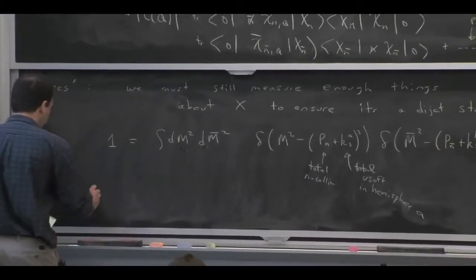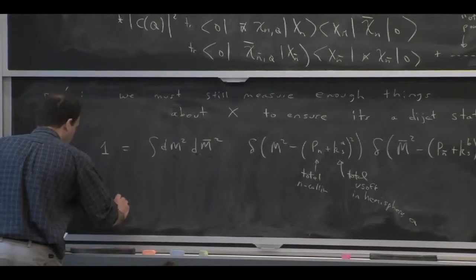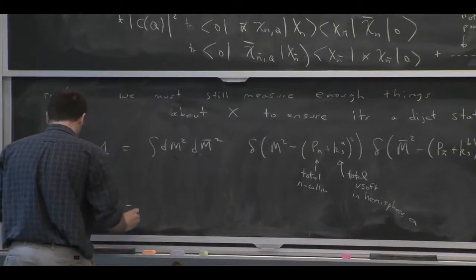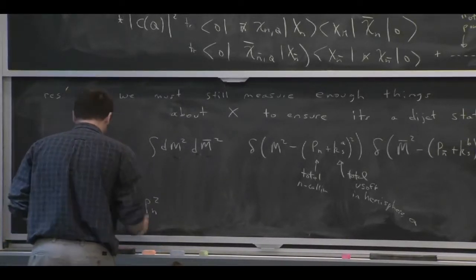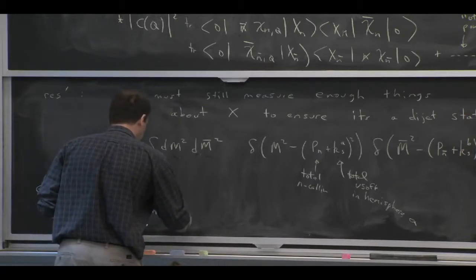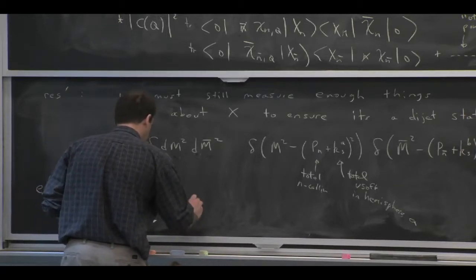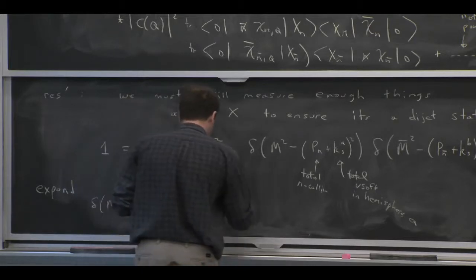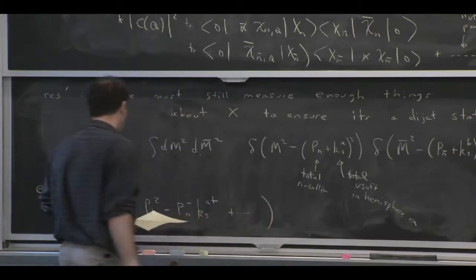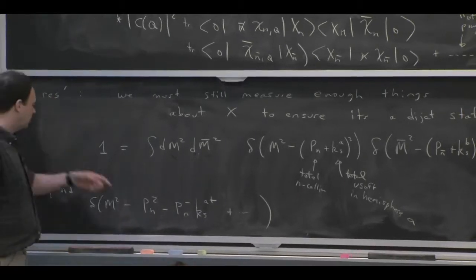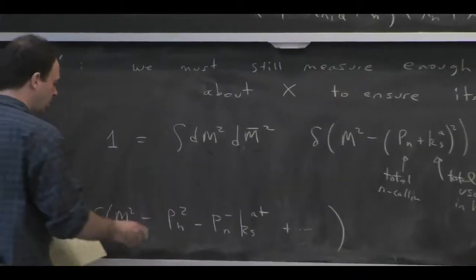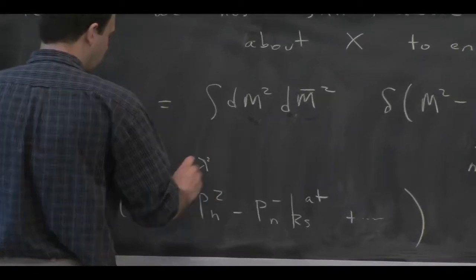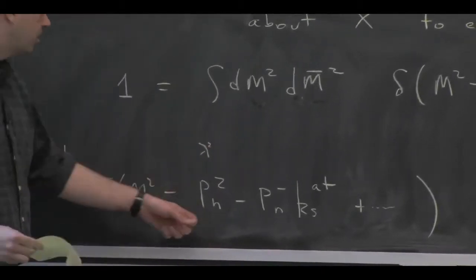I can also expand these delta functions. And I only need to keep the leading order piece if we're working at leading order. And so the leading order pieces are as follows. There's an order lambda squared piece from the collinear momentum squared.